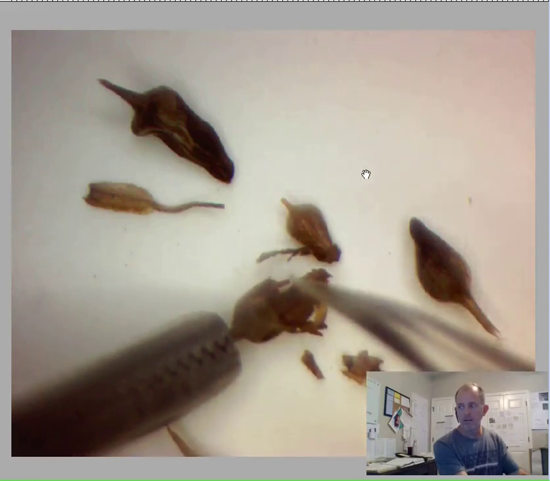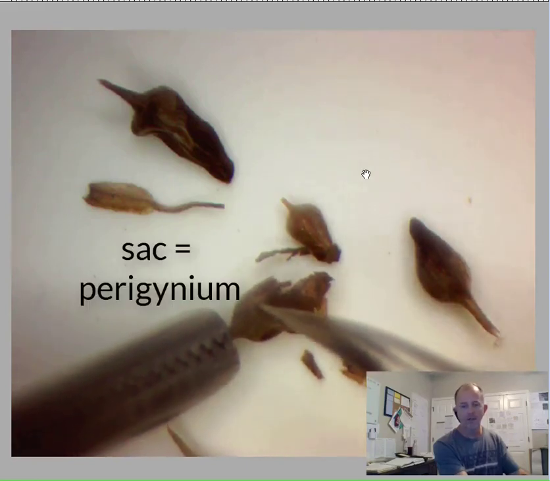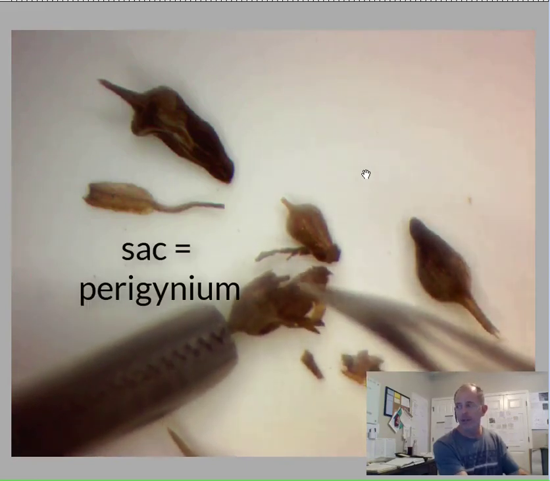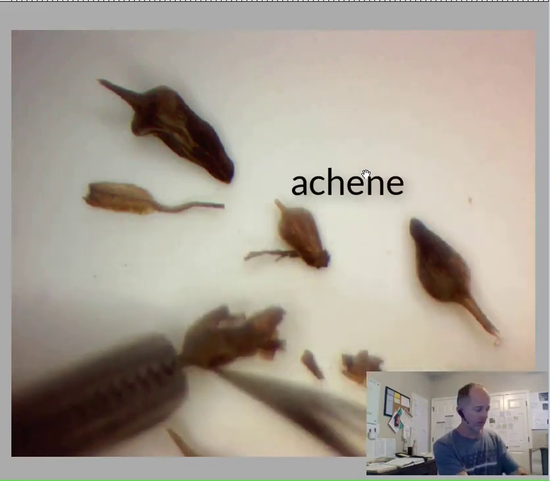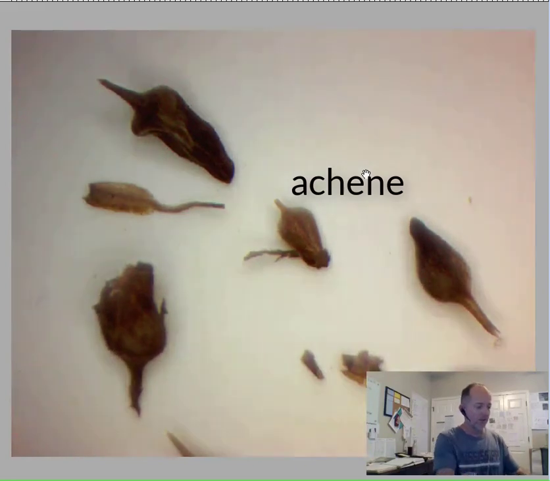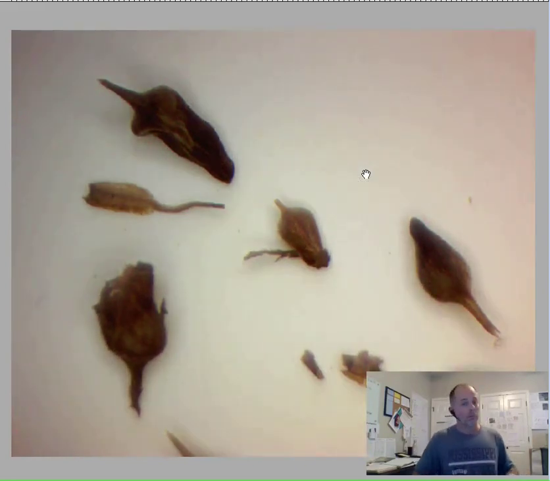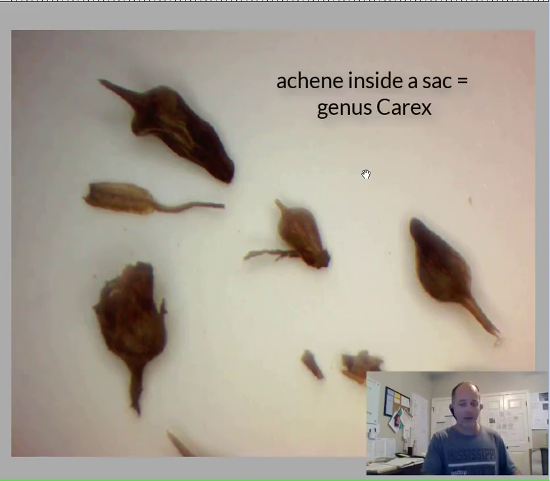That sac is called a perigynium, and the achene right here was enclosed within that sac. And so that makes this not only a sedge, but that puts this in the genus Carex, C-A-R-E-X. Okay, so that's pretty easy.